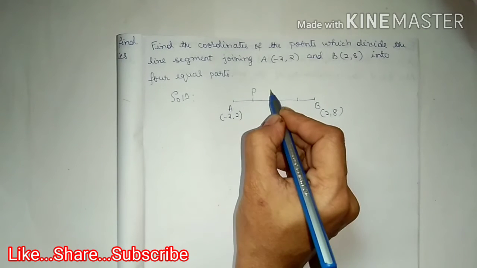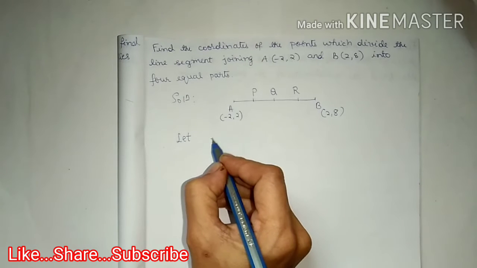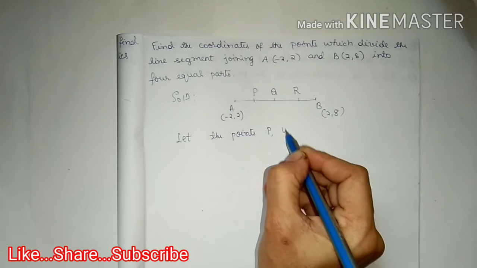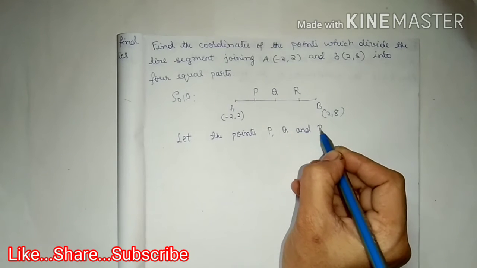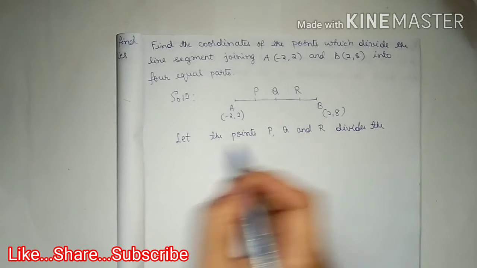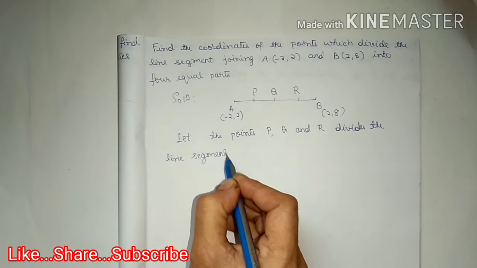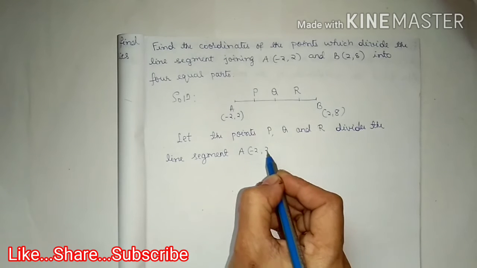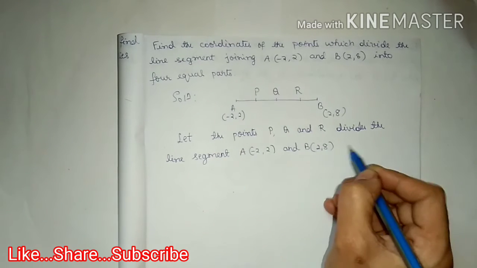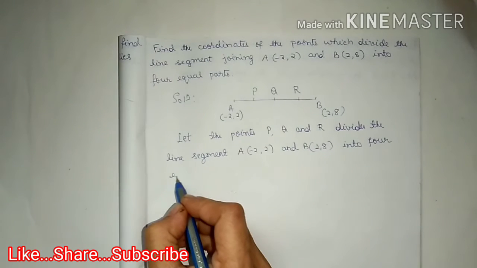Let the points P, Q and R divide the line segment A(-2, 2) and B(2, 8) into 4 equal parts.